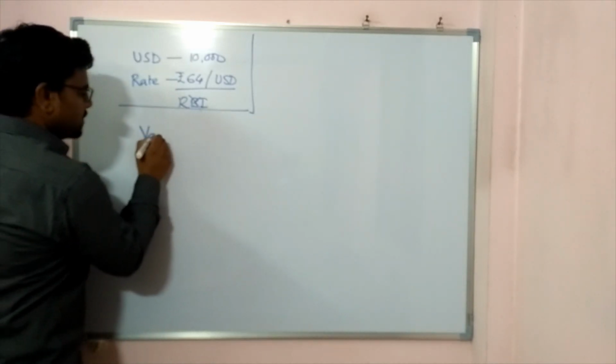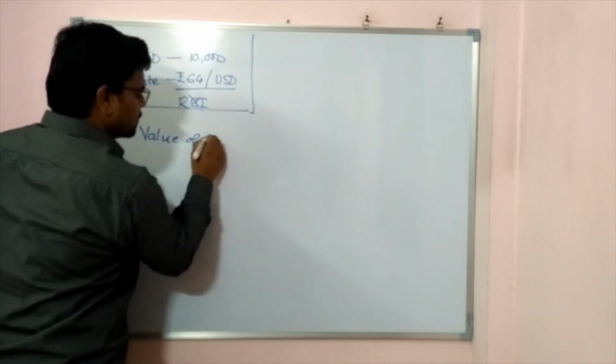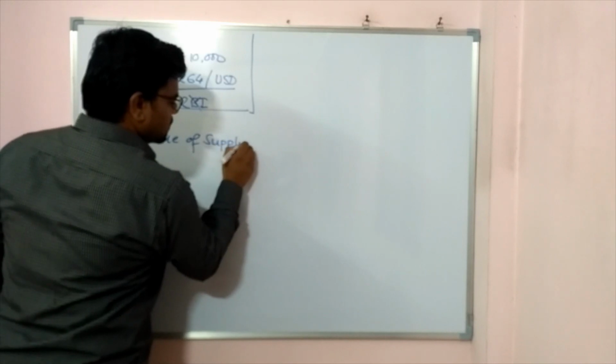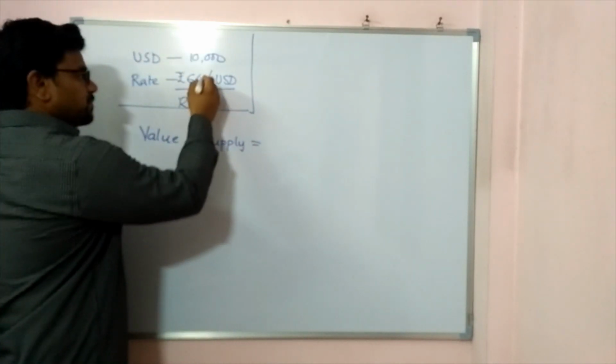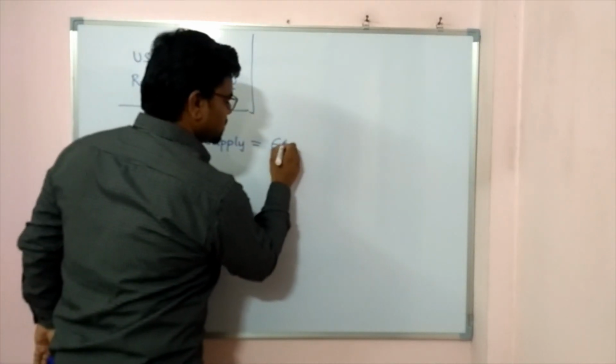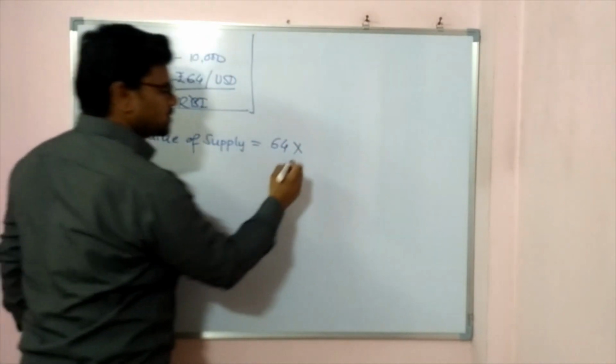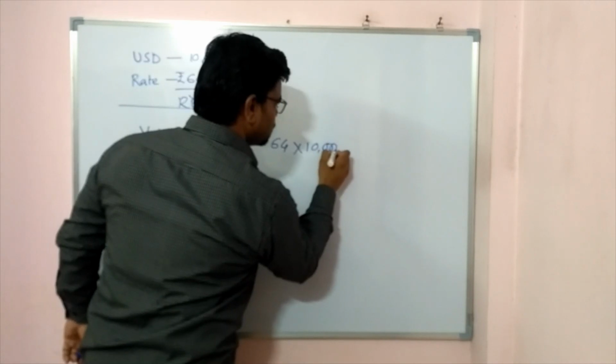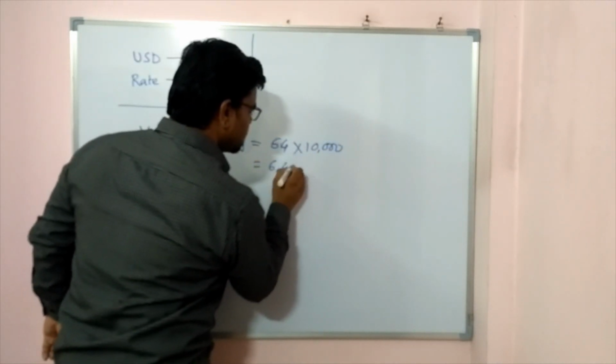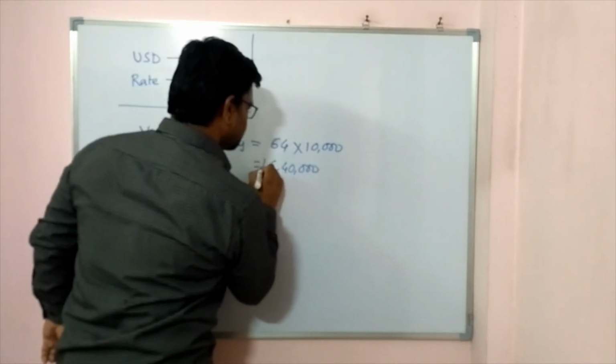Now value of supply will be, we have to multiply, see 64 per US dollar, how many US dollars? 10,000. So 10,000 into 64, I will get 6,40,000 Indian rupees.